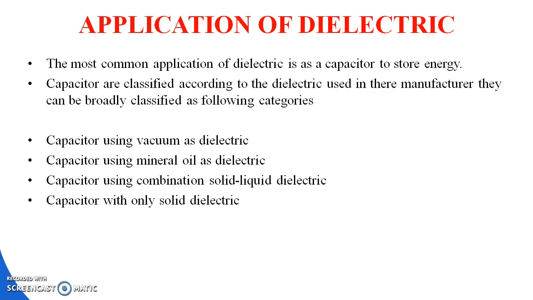They can be broadly classified into the following categories: capacitor using vacuum as dielectric, capacitor using mineral oil as a dielectric, capacitor using a combination of solid and liquid dielectric, capacitor with only solid dielectric.